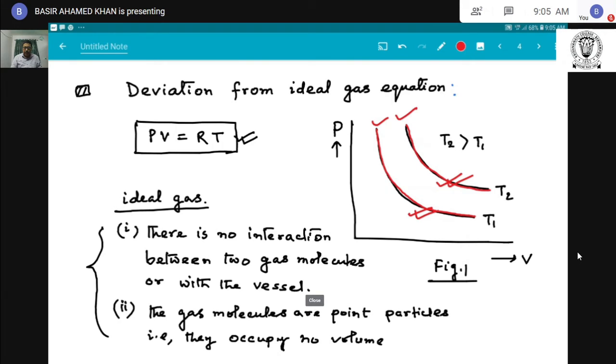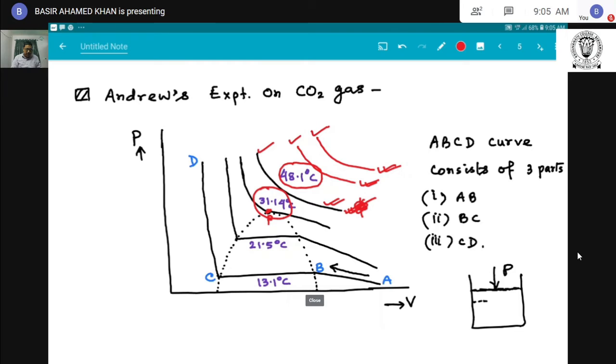Now these are the experimental study, the PV diagram of Andrews experiment on carbon dioxide gas. Now I will say about the critical point.